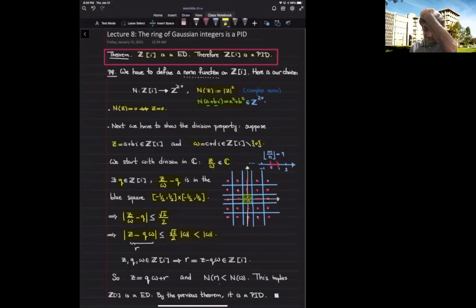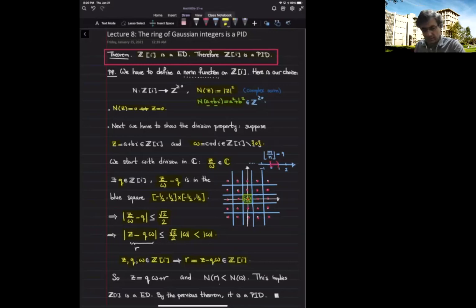Now, notice that z, q and w are all Gaussian integers, and Gaussian integers form a ring. Therefore, q times w is a Gaussian integer. Therefore, z minus qw is also a Gaussian integer. That means r, which is how I'm defining z minus qw, is also a Gaussian integer.